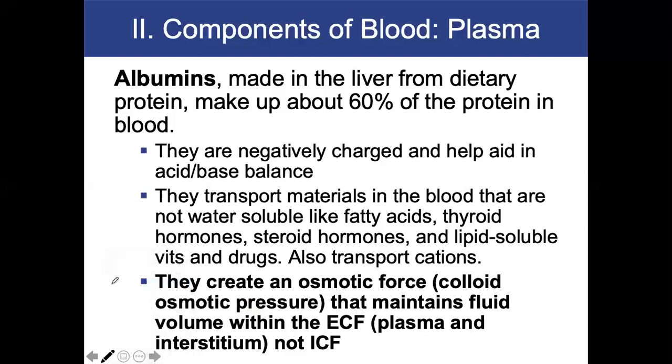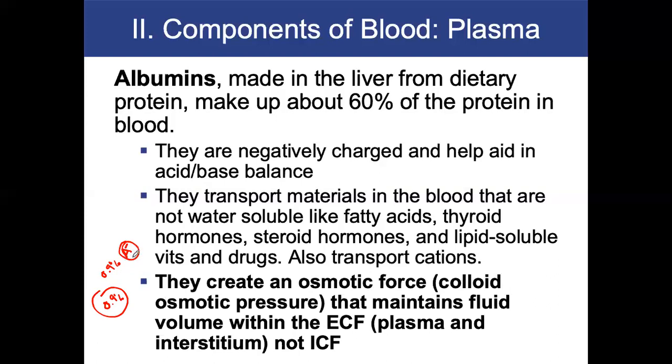Okay, so what is the concentration of your red blood cells? Okay, concentration of your red blood cells, so here's my red blood cell, right, is 0.9%. What is the concentration outside in your plasma? Okay, what maintains the outside concentration? Albumins do.